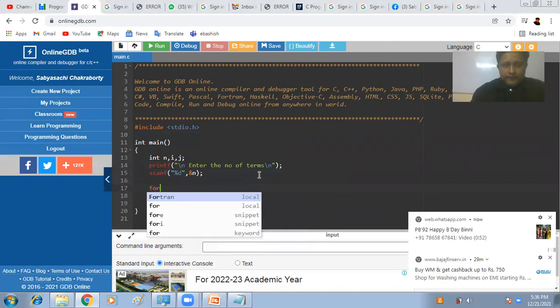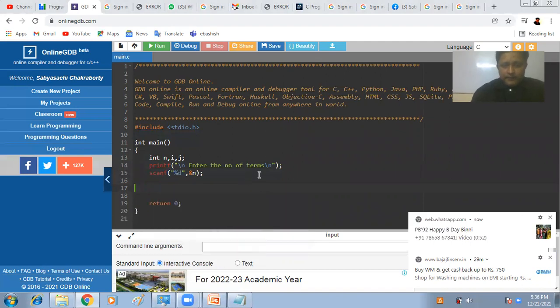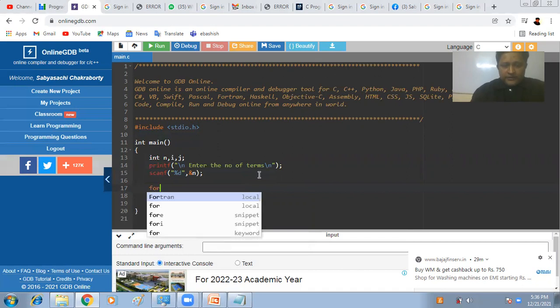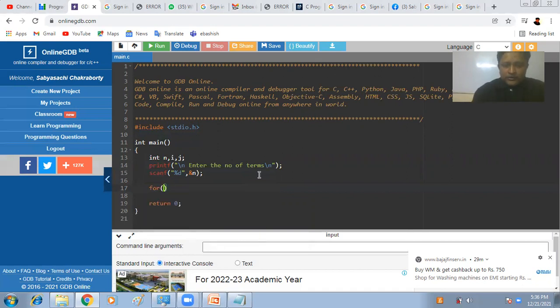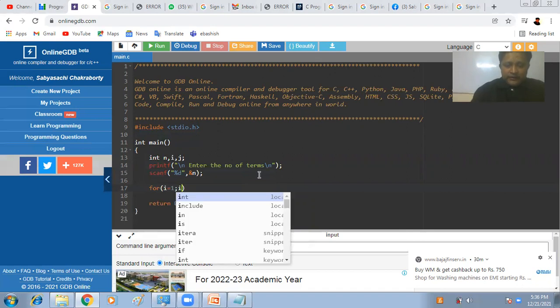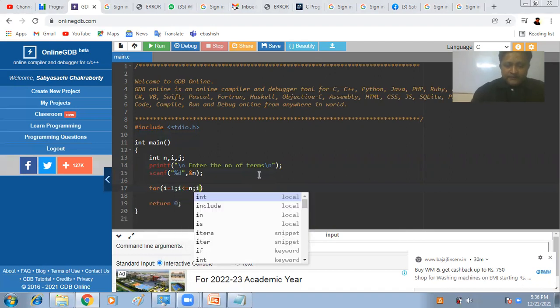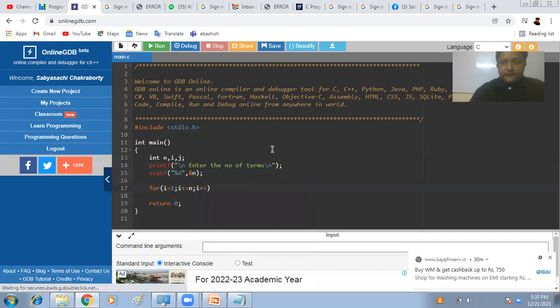Now we have to start the row counter: I equal to 1, I less than or equal to n, I plus plus. It will start from the first line, then go to the next line.